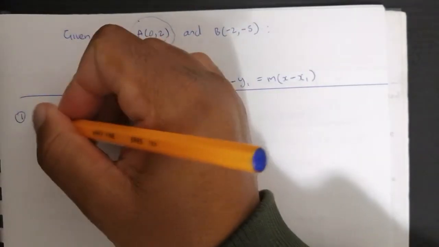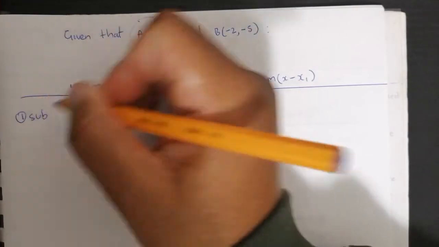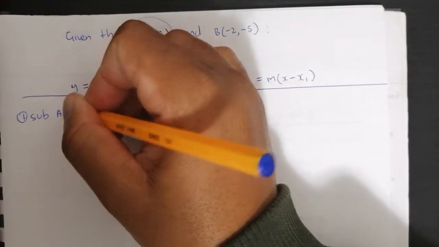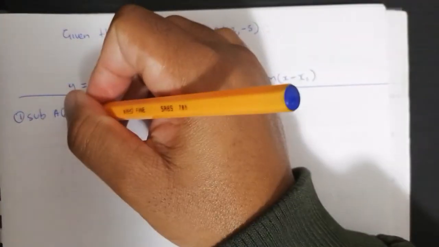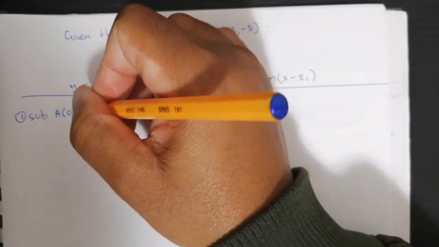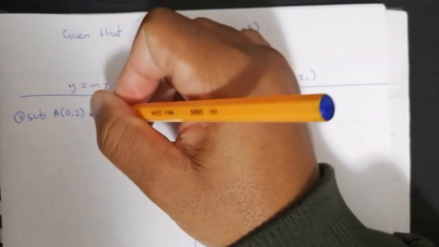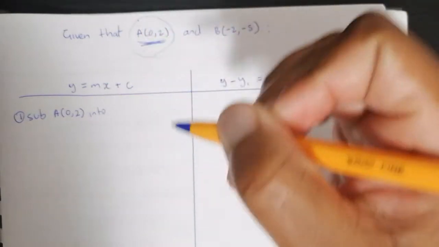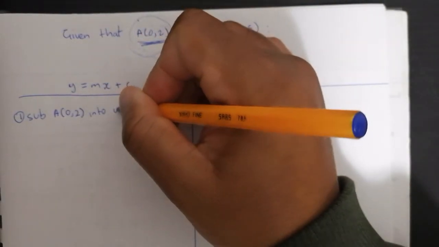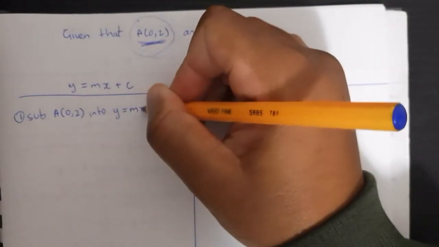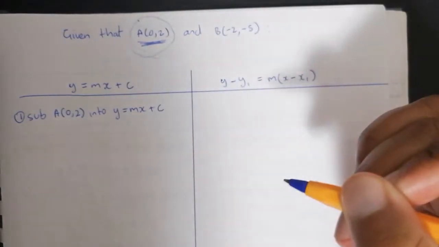So step 1, we're going to sub A (0, 2) into y equals mx plus c.